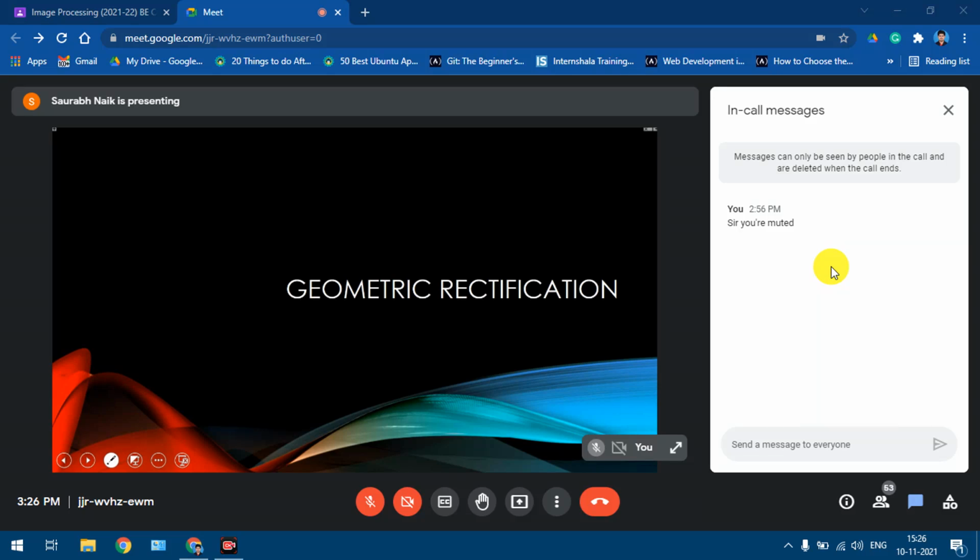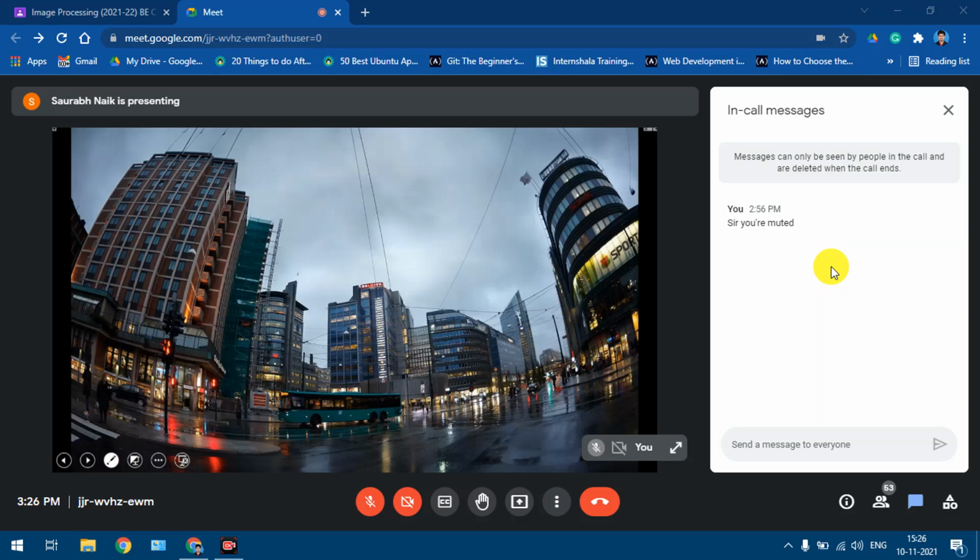Now, the next part is your geometric rectification. That is, in case your image has any kind of geometric errors, how exactly do we find those geometric errors? Okay, so the most common case of geometric errors, I think I'd shown you all some images. Yeah, this one. This is especially the case with wide angle lenses.